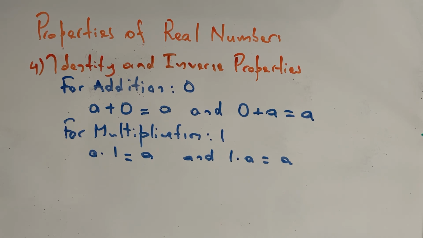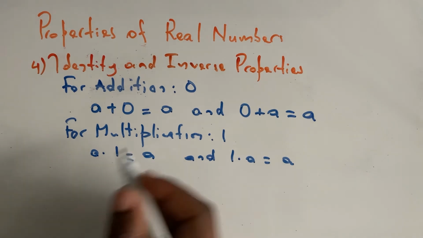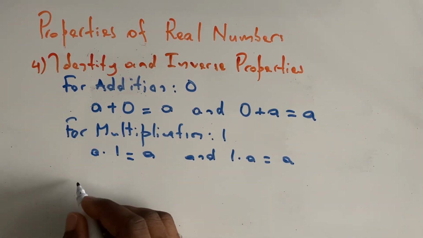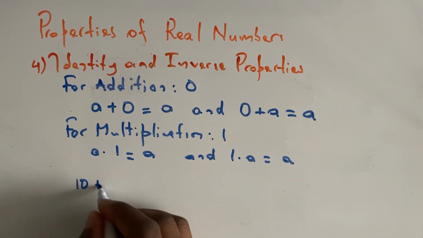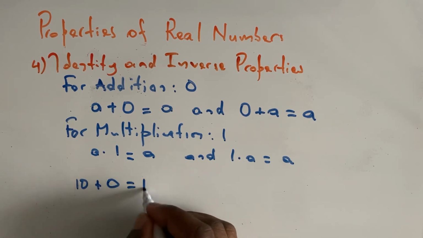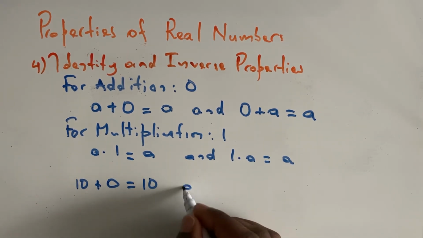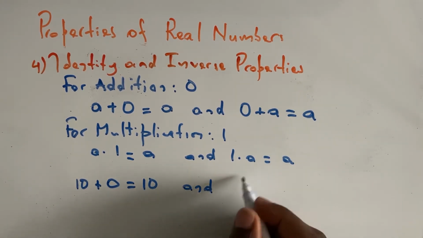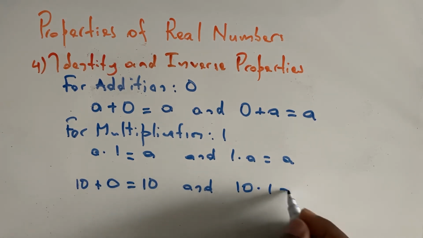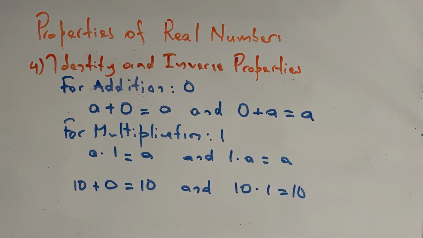For example, you could take any example you want. For addition, if you have 10 plus 0, this is 10. And if you have 10 times 1, this is 10. So this is the identity property of addition and multiplication.